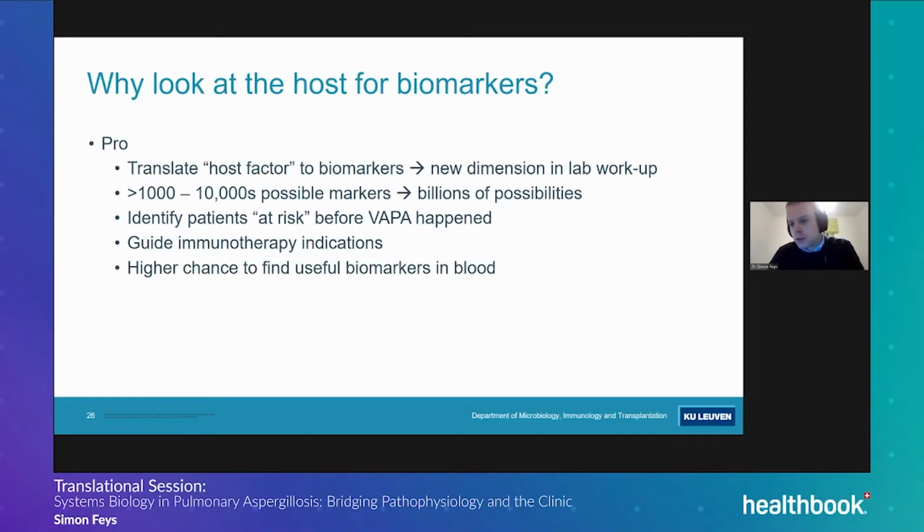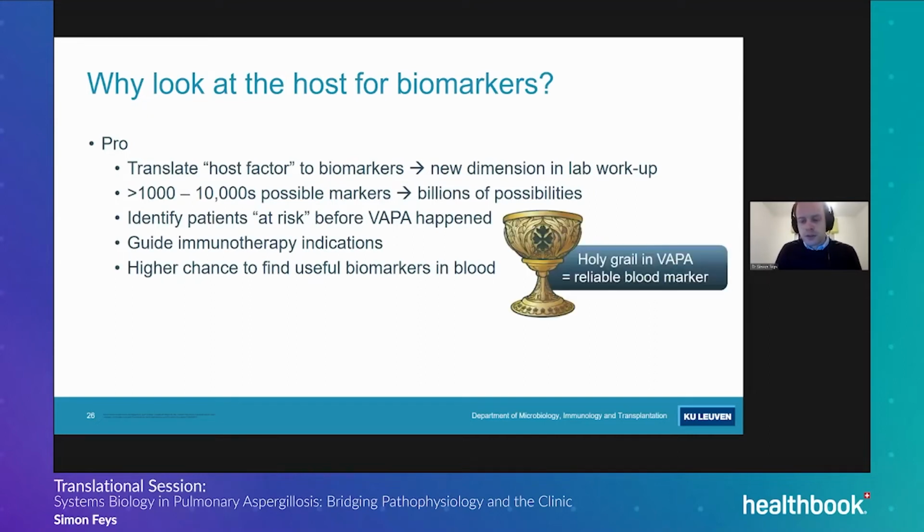Also in particular, it might give us a higher chance to find some useful biomarkers in blood. Because as you know, right now the serum galactomannan has low sensitivity to find viral-associated aspergillosis, while if we would look at the host, maybe we can find a good biomarker in the blood. And for me personally, I think this is one of the holy grails in VAPA, which would make the diagnosis much easier if we could find a good biomarker in blood.